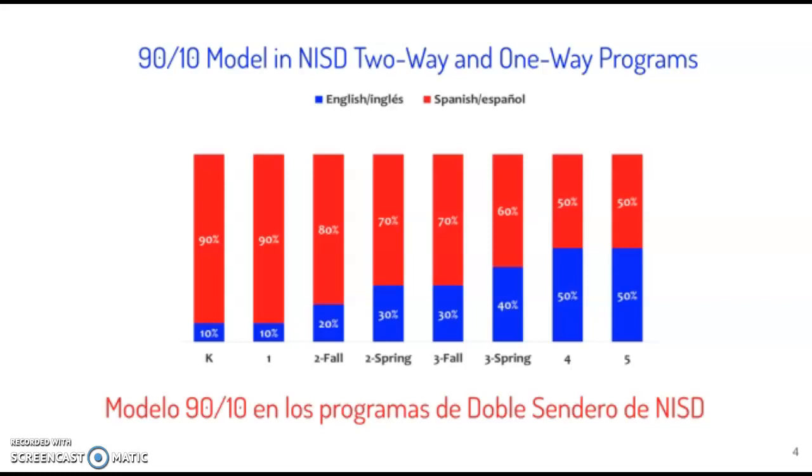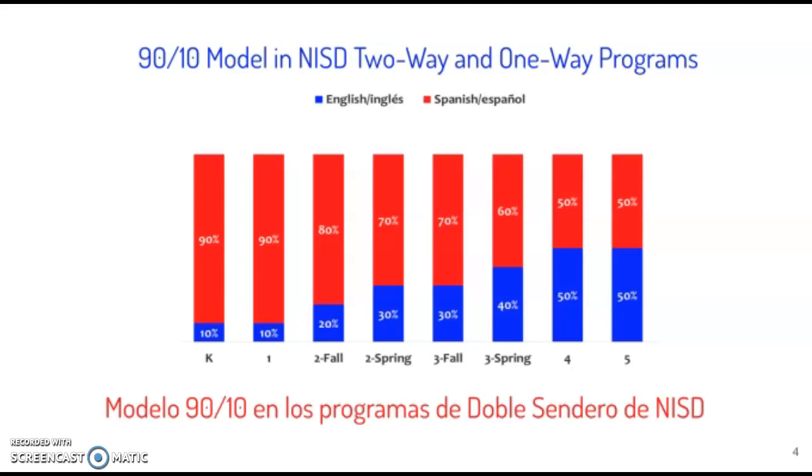There are many ways to do the dual language program, but here at Knowlton, we do the 90-10 program model in both the two-way and one-way programs. In this program model, the language distribution changes by grade level. There is a gradual decrease in Spanish and a gradual increase in English as the mode of instruction.